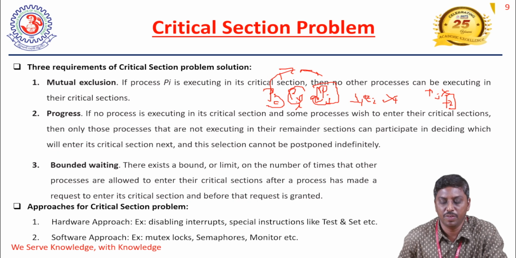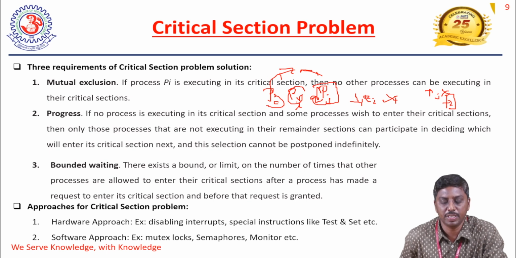Only those processes that are trying to enter into the critical section should decide who enters, because Pr does not want to enter, it is running in its remainder section. So the decision should be taken by only Pi and Pj. Unnecessarily we should not disturb Pr. Clear, right? That property is called progress.